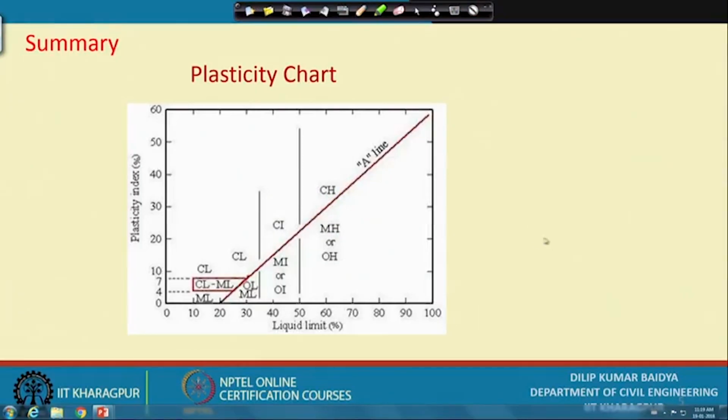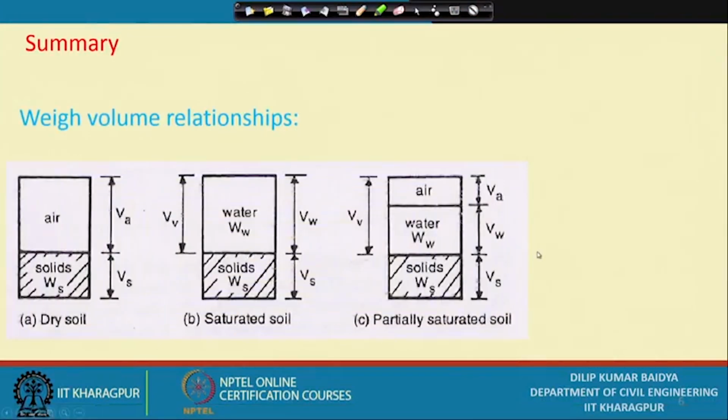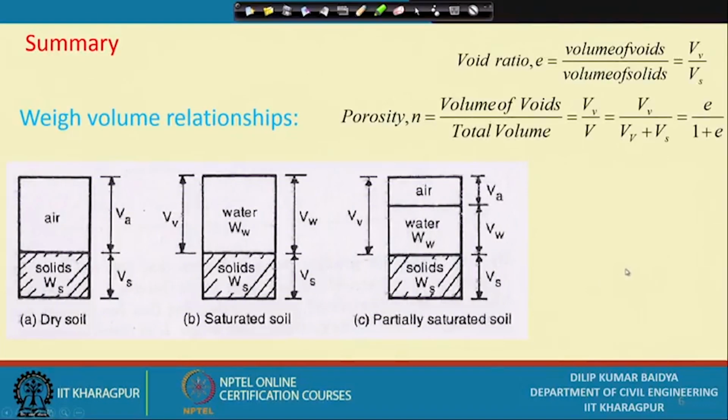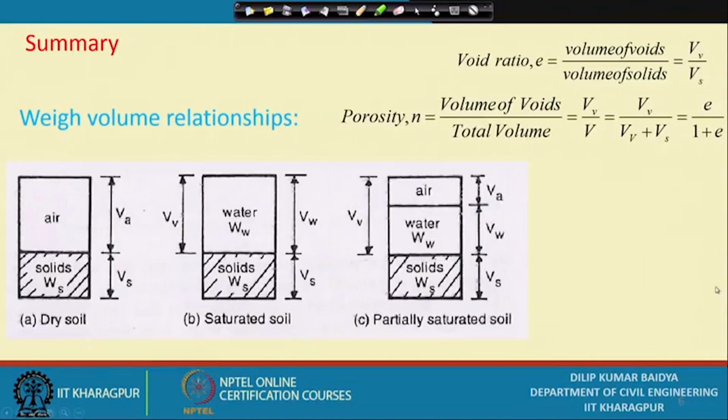Next we covered several aspects of soil mechanics, that is, the weight-volume relationship. You always have to keep 2-3 definitions in mind very clearly. Those definitions are: void ratio, which is volume of void by volume of solids, and porosity, which is volume of void by total volume, and we have to remember their relationship based on this 3-phase diagram.